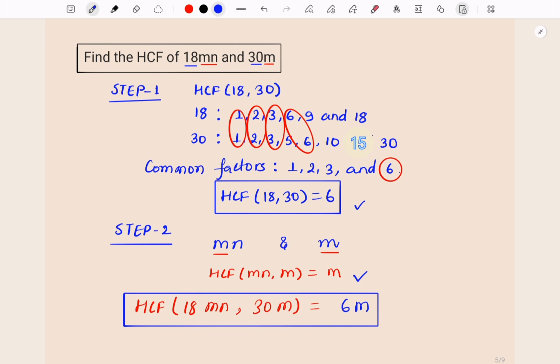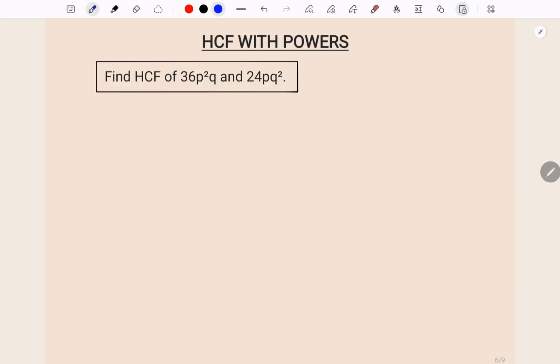If you compare both the terms, you will find m being present in both the terms, and that is why in the final HCF only m will be present. We will have to leave n because n is not present in both the terms. Now let's deal with the powers.